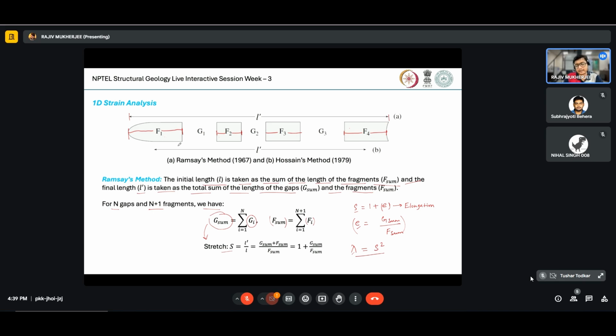It is an ideal structure of a belemnite. But during deformation, or in the case of natural rocks, it is quite hard to get a very ideal shape.